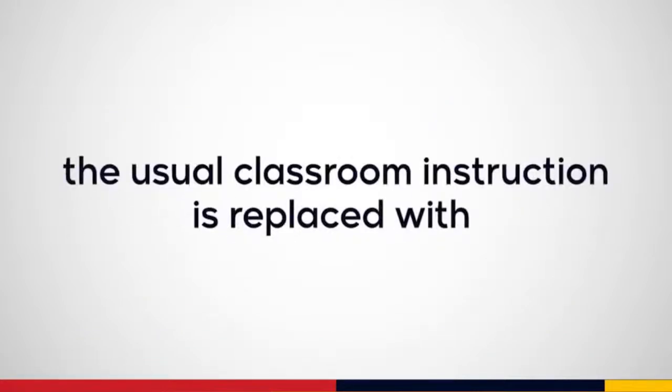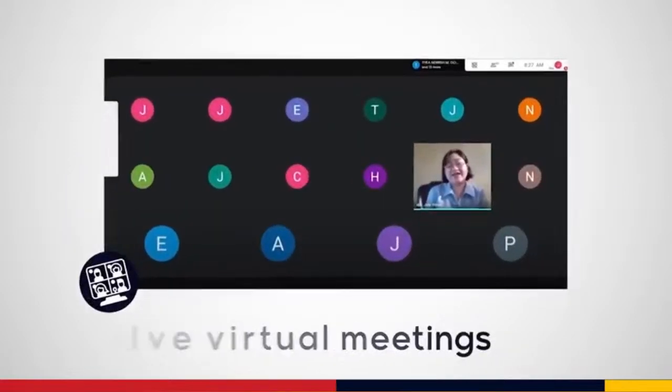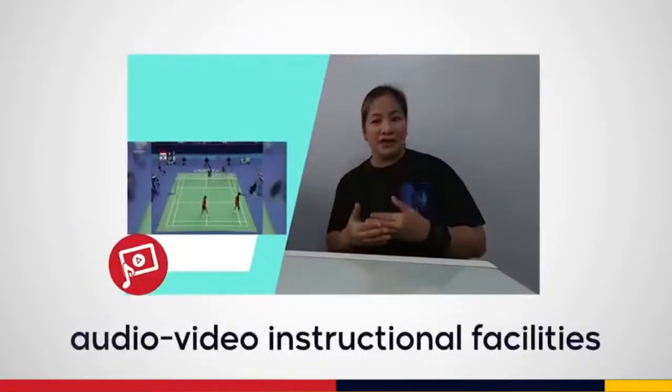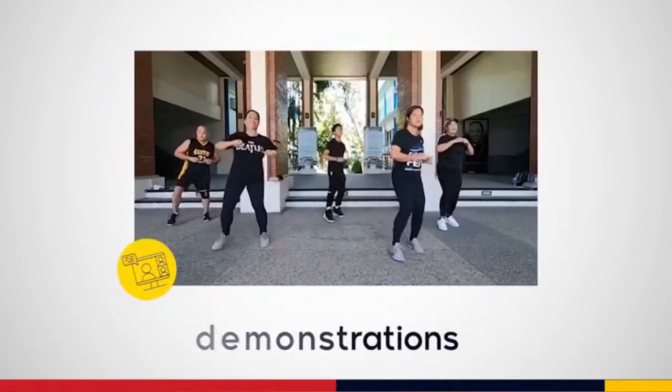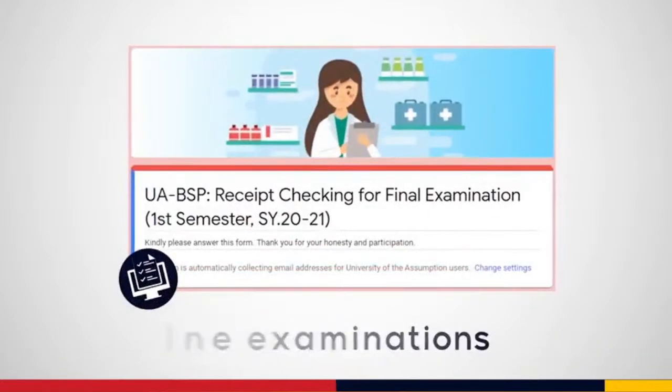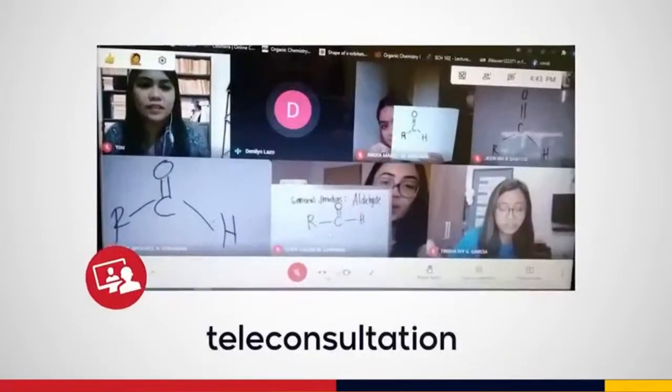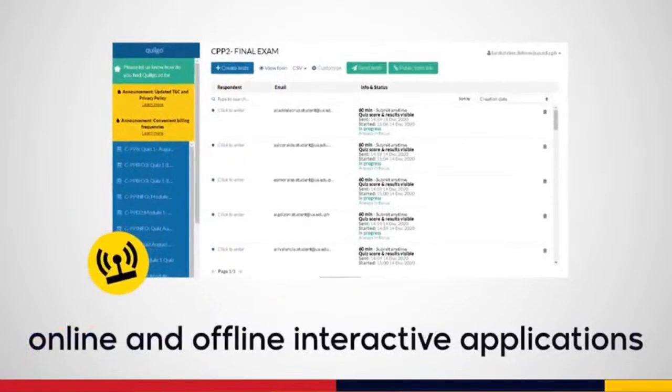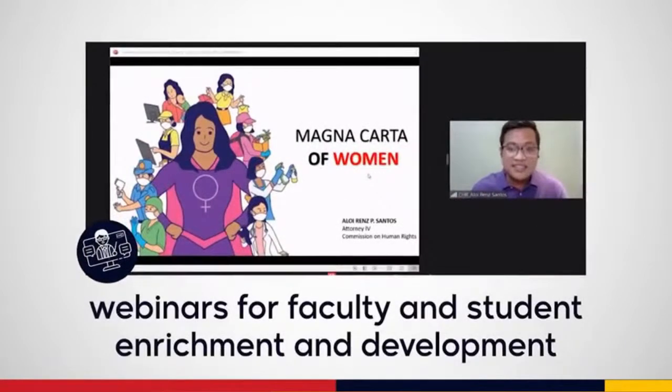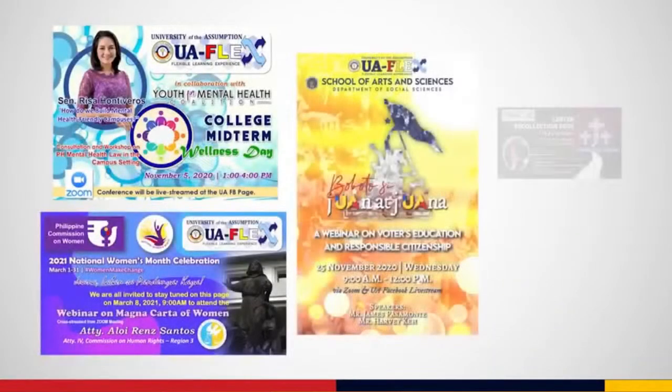In this method, the usual classroom instruction is replaced with live virtual meetings, audio-video instructional facilities, demonstrations, online examinations, self-directed learning, game-based activities, digital works, teleconsultation, online and offline interactive applications, webinars for faculty and student enrichment and development, and a lot more, keeping everyone safe at home while exploring the world around.